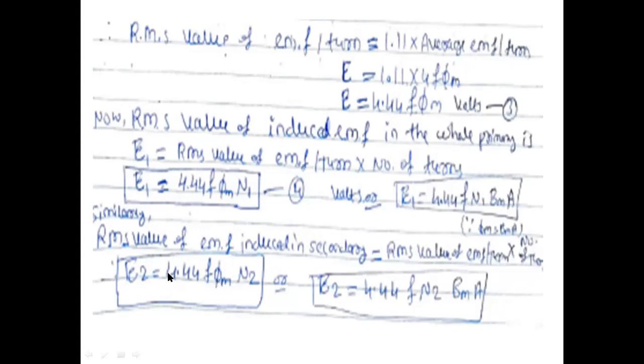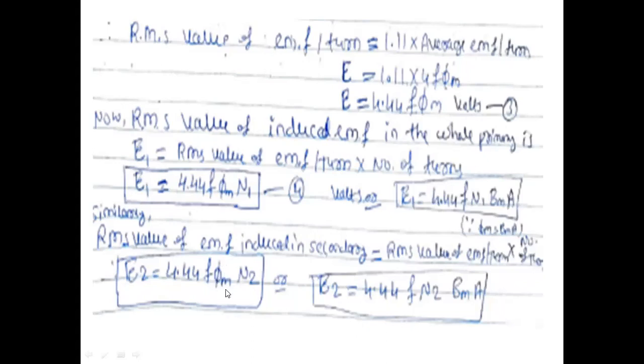Based on this equation you will get problems also. Sometimes they will not give flux; instead of flux, they will give the area and the flux density. So φ equals what formula? BA.